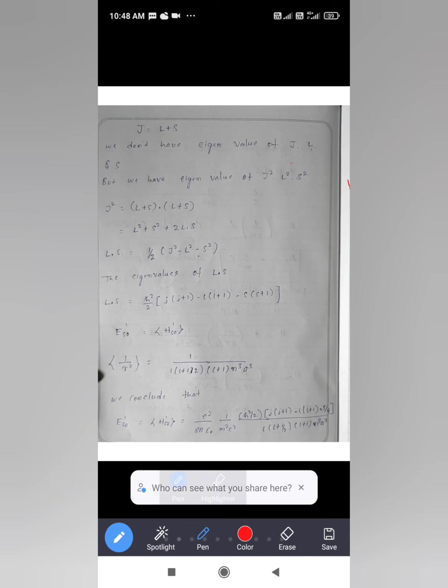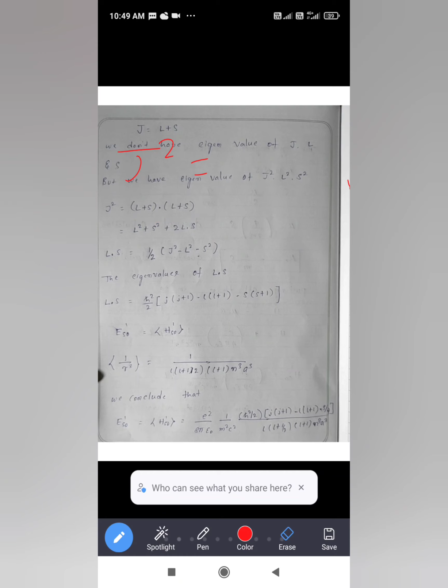How to convert? J square is equal to J dot J. You know J is nothing but L plus S. So we get J square is equal to (L plus S) dot (L plus S).